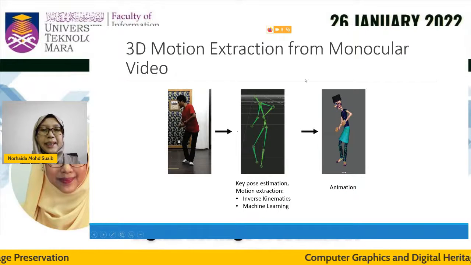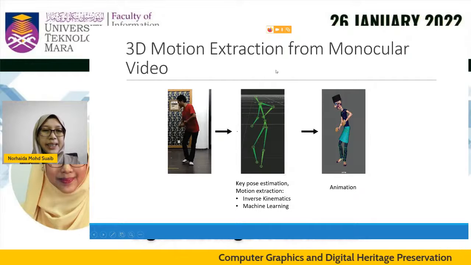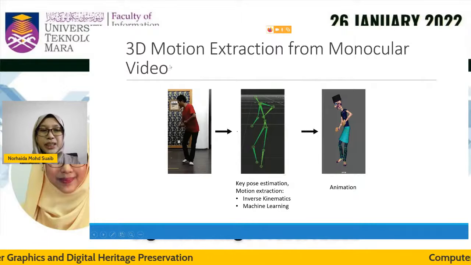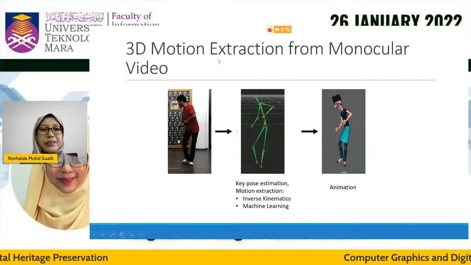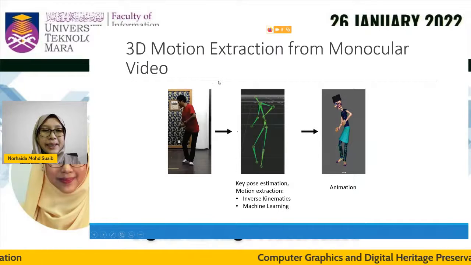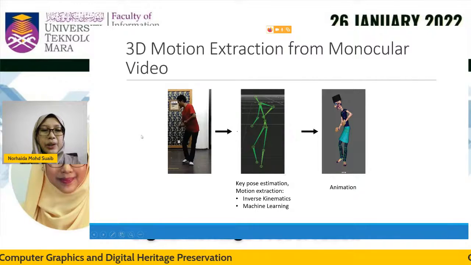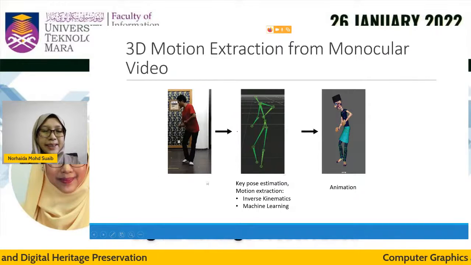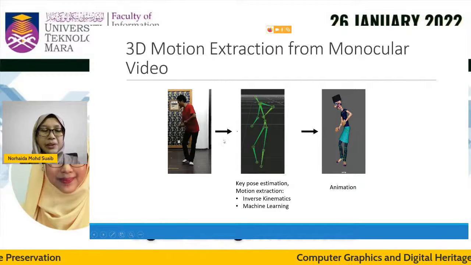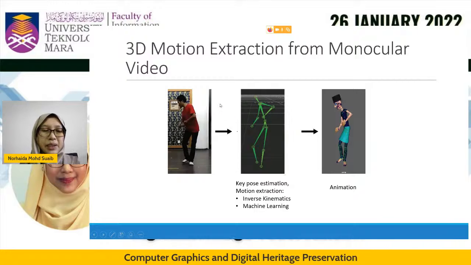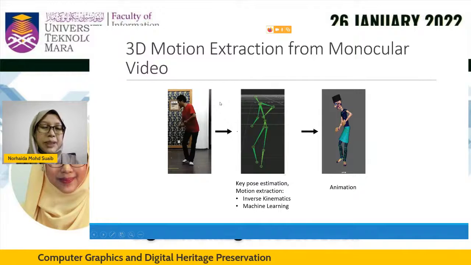So based on the data that we captured previously, these are another 2 types of research with the same aim, which is to do motion extraction from monocular video. The reason behind this is that we can easily get video of different types of dances online, and also by using our own camera or handphone to capture this data.